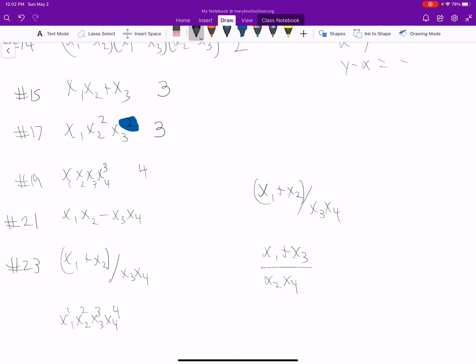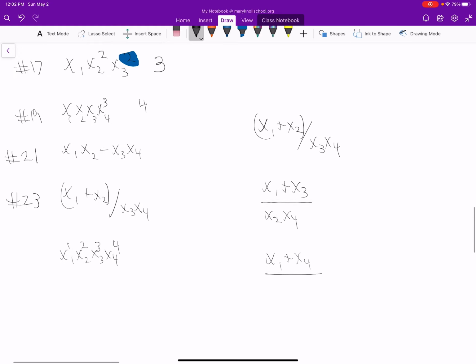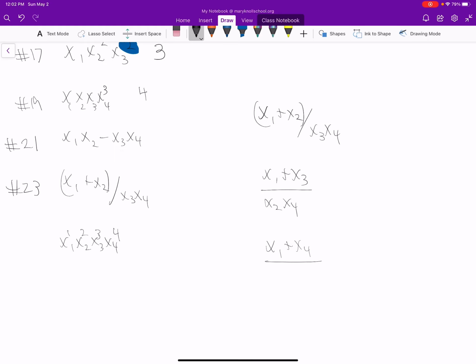Those are different. Let's move something different to the top. We can do x1 plus x4 all divided by what's left, x2, x3.